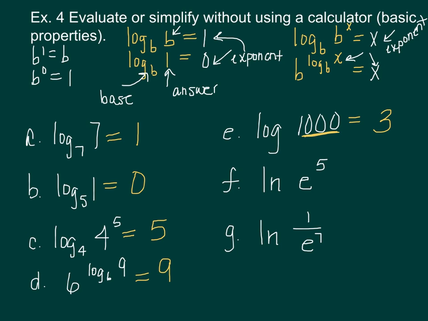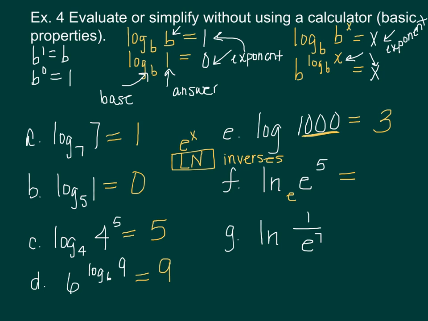F and G. Remember earlier when I said that right above the LN key is E to the X? LN and E are inverses, which means whenever you see LN, the base is always E. But they're not going to write it, but it's understood. So anytime that happens, see how the bases are the same?